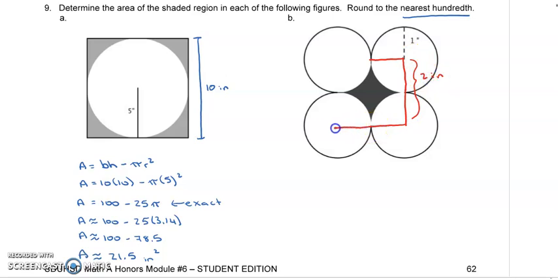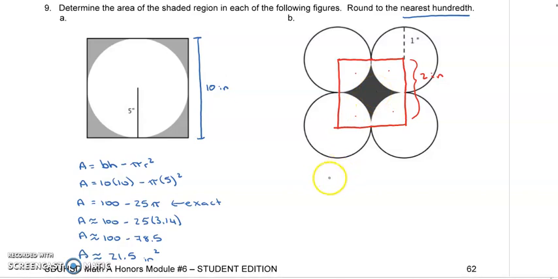And I can continue connecting all of the centers of my circles, and I see that I have a square, and inside that square I have 4 quarters of a circle. So if I found the area of this entire square and took out a circle, I would be left with the shaded area in the middle.